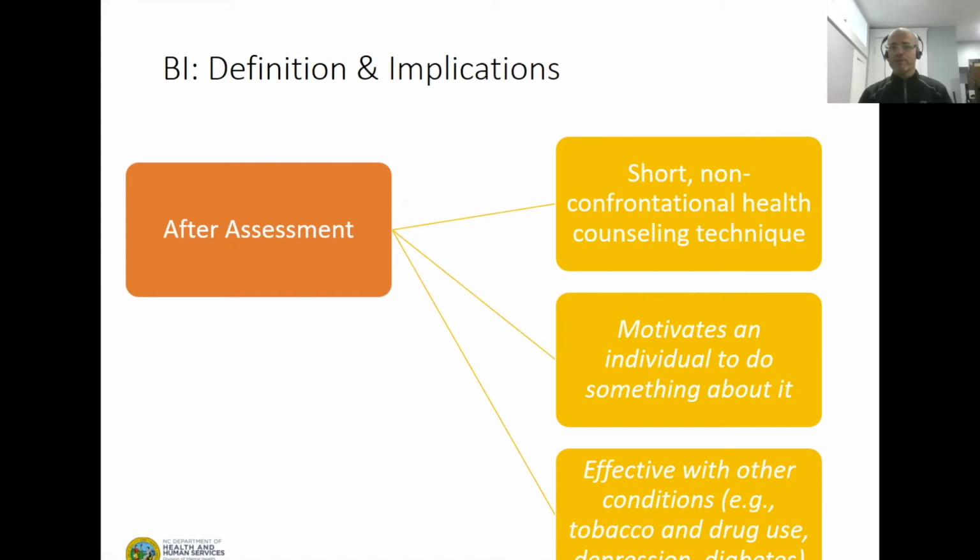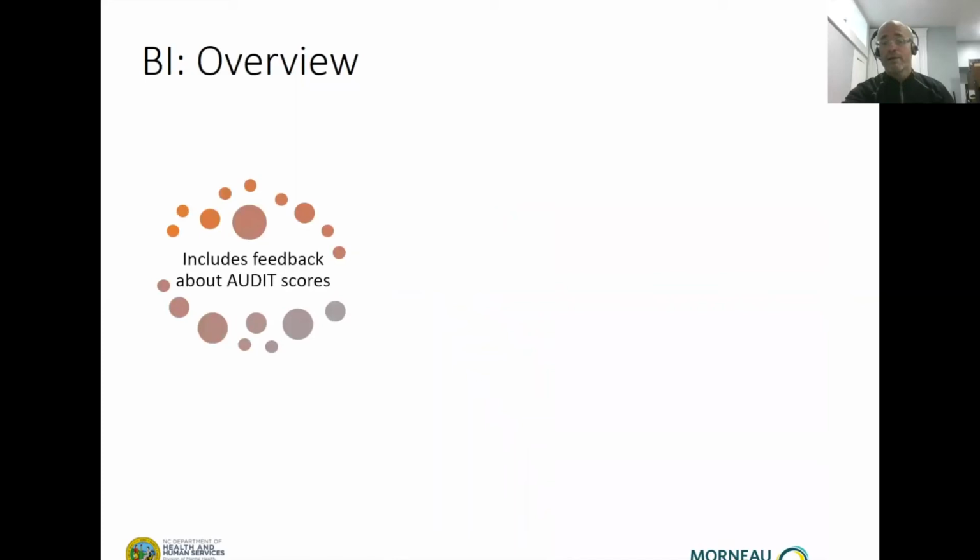The brief intervention in the SBIRT process is designed to be short and non-confrontational, right? It's supposed to motivate folks to do something about their problem, and it's effective with other addictions as well. As I said, I'm going to go over GBIRT here in a few slides.